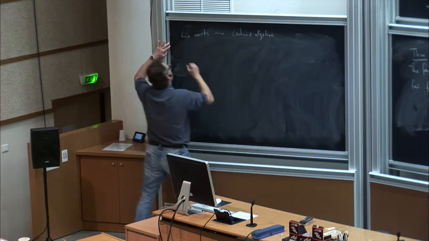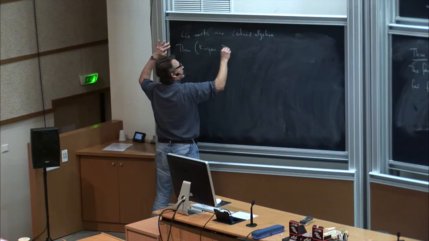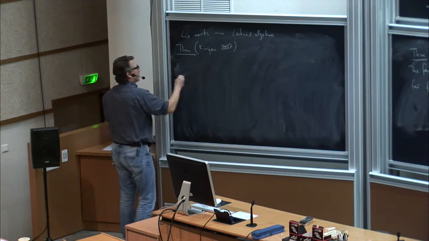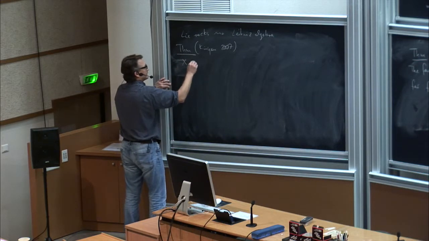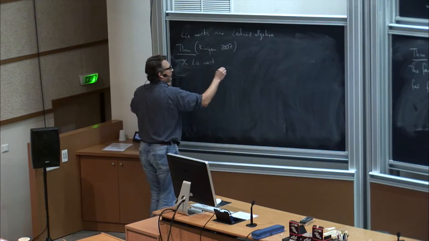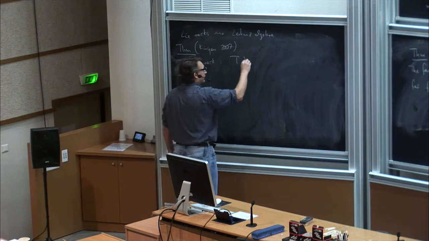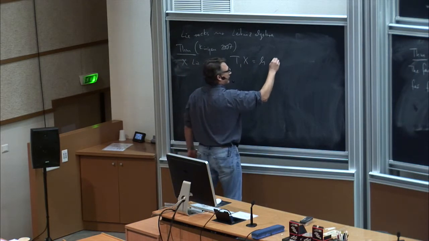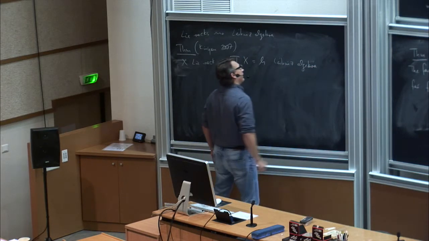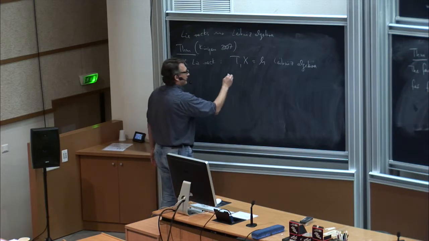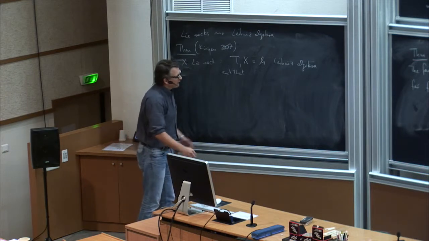Because Kinyon showed in 2007 that, let's say X a Lie rack, then the tangent space at the distinguished element 1 becomes a Leibniz algebra. And such that now you have to add things in order to make it a non-trivial statement.